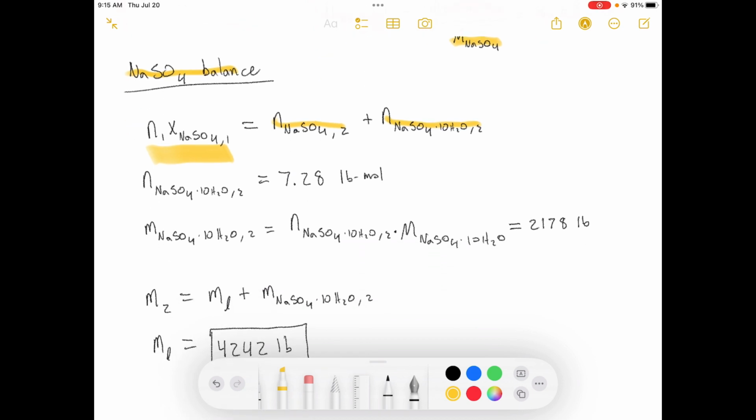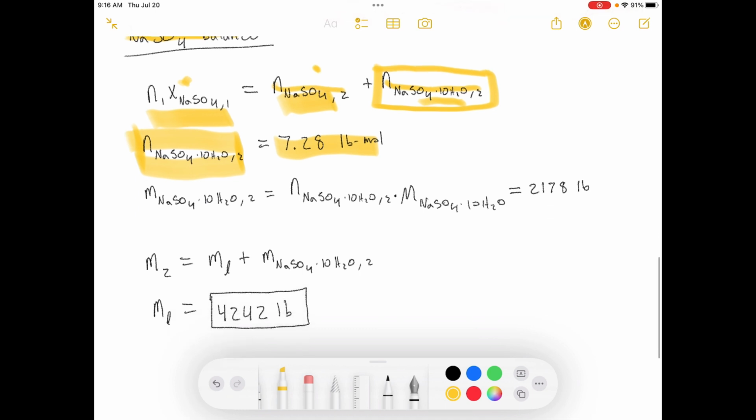We lost some because it left, and we lost some because it was consumed. So we add those things up. We can solve for how many moles of sodium sulfate in the crystallized form. So we've got our crystallized moles here, and it equals this much, because we know these two quantities.